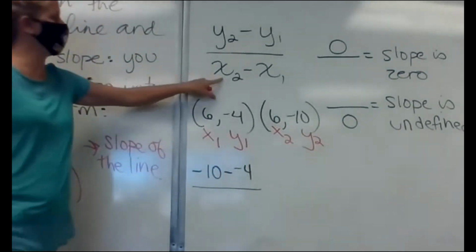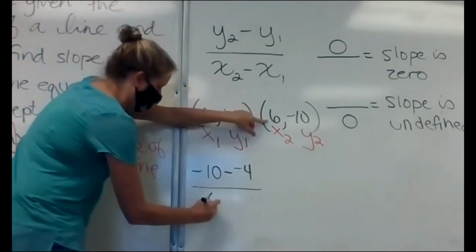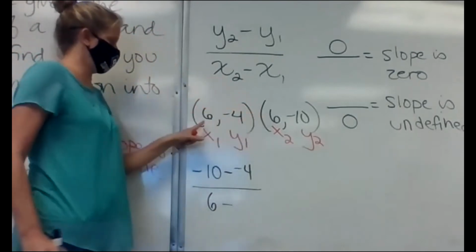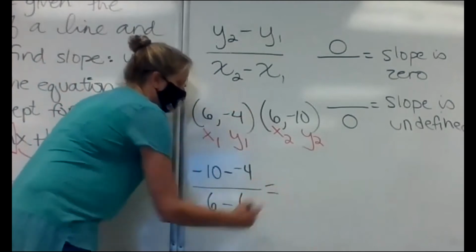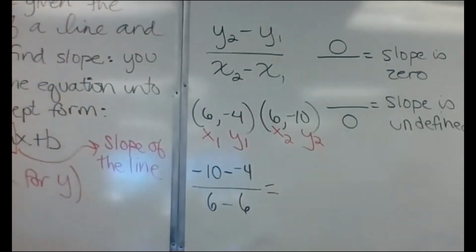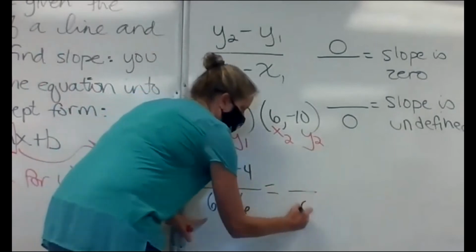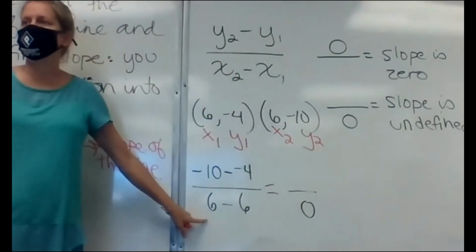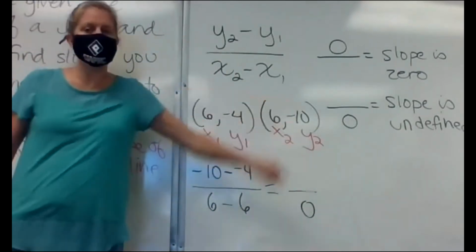over, my X's are at the bottom, X2 is 6, minus 6. So this time, just looking at that, what am I going to get in the bottom? What's 6 minus 6? Right. That's going to be 0 down there, right? So that one's going to end up being undefined.